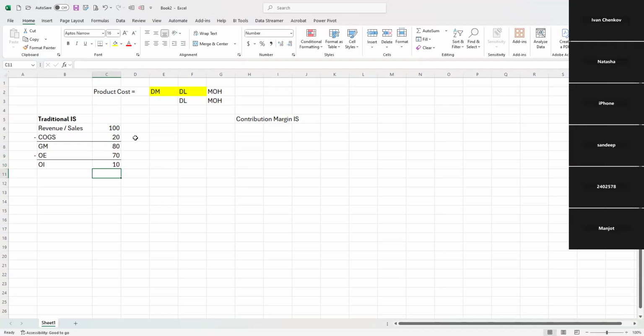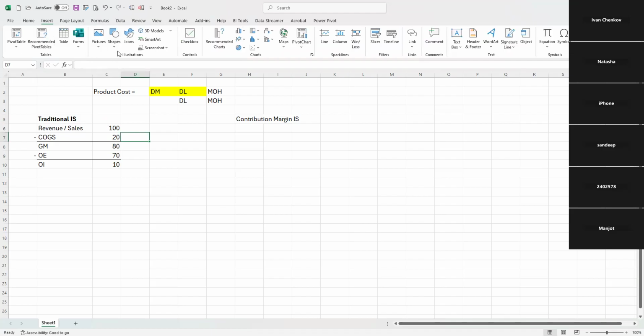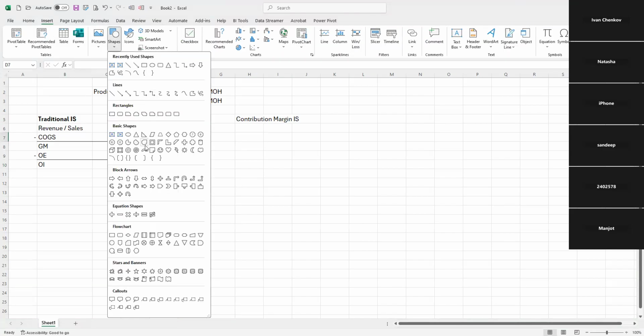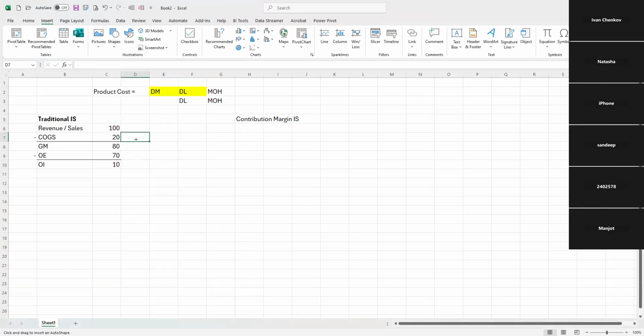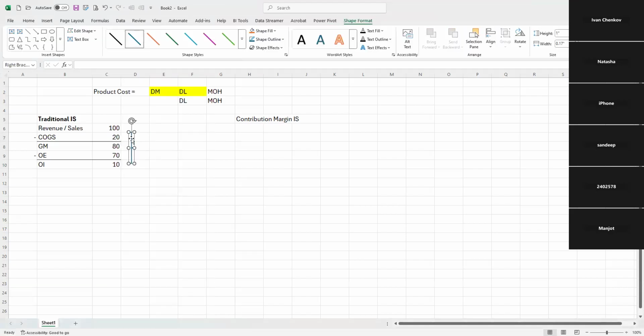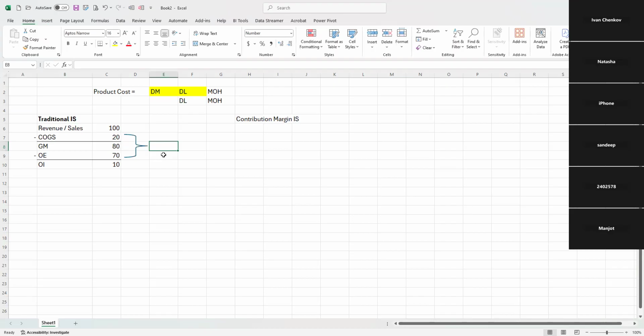Why is it 10? Because how much are our total costs? 90. And which are our total costs? Our total costs are those two numbers and those two numbers only. Make sense? Nothing else. We have only those 20 and those 70, and that's our total cost, which in this case is 90.